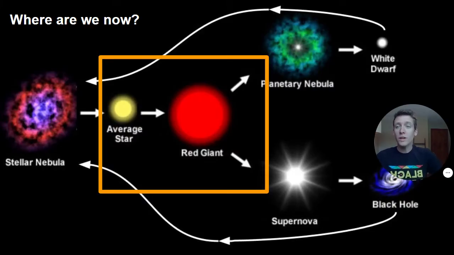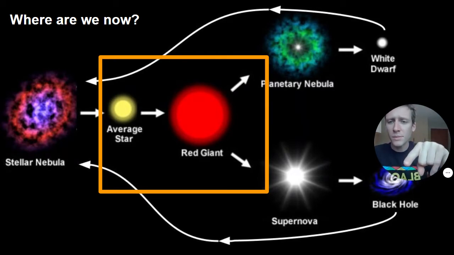So, we just talked about how stars in a nebula form through the stage of becoming a protostar, and that gravity condenses it enough where nuclear fusion occurs and it becomes an average star or a main sequence star. Let's talk about how a star becomes a red giant, like our sun will one day.